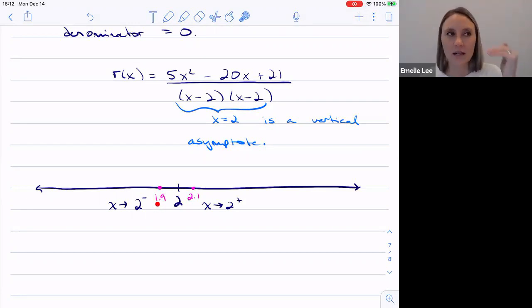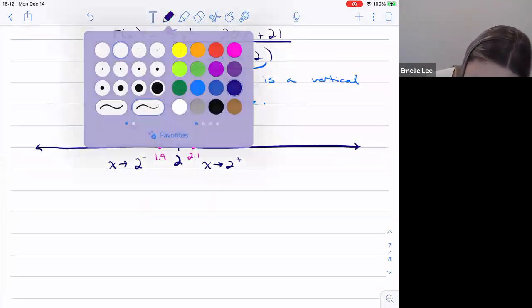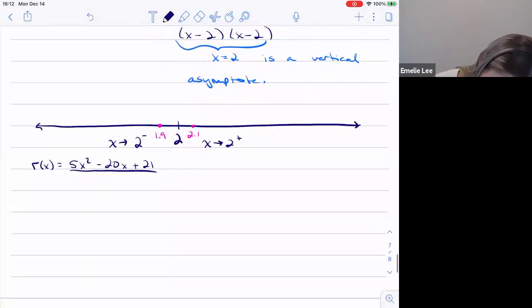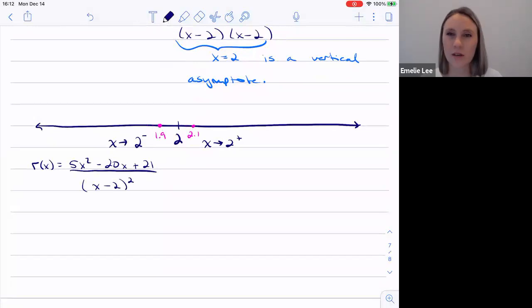If I get a negative value, it'd be going down to negative infinity. Now r of x is 5x squared minus 20x plus 21 over x minus 2 squared, just to save a little bit of math.